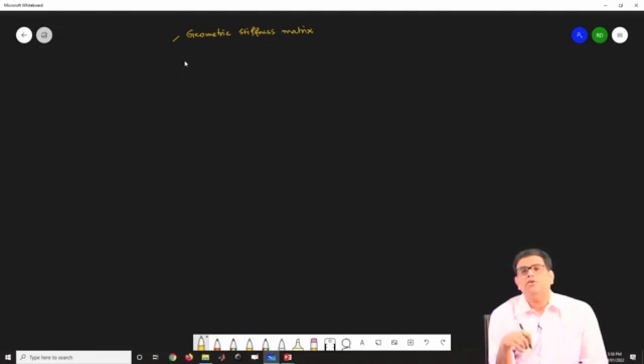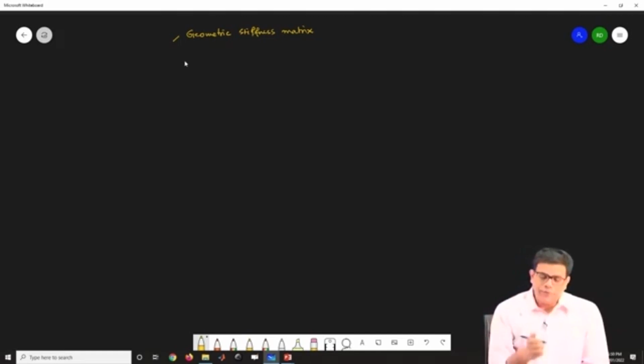So, in addition to the beam stiffness matrix, the geometric stiffness matrix is also there in the beam column equation, because in beam column you cannot neglect the axial shortening of the column due to the axial load.